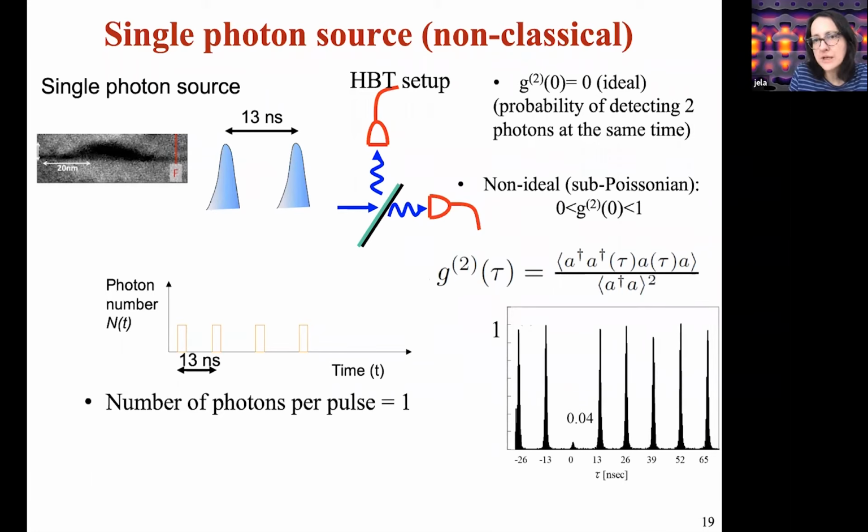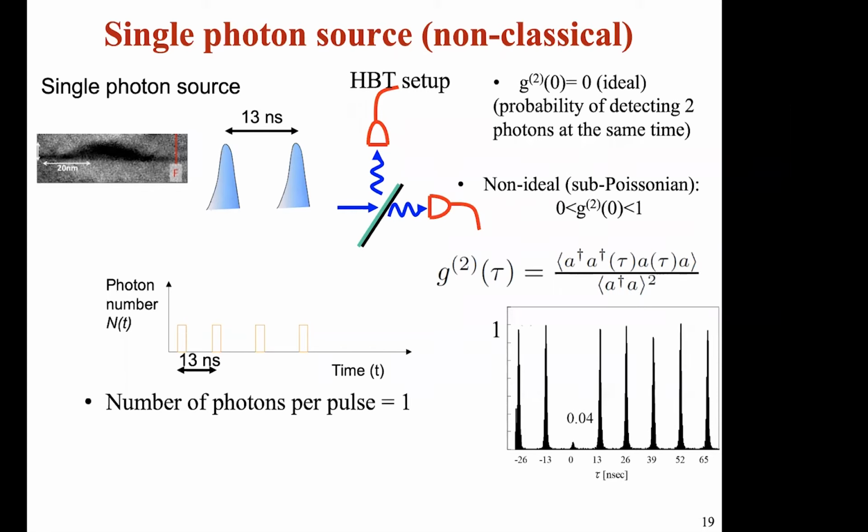So if you're doing A dagger A at time 0 and A dagger A at time tau, which is all in the numerator of this expression, that means that you are taking the expectation value of having a certain photon number at time 0 and some photon number at time tau, right?